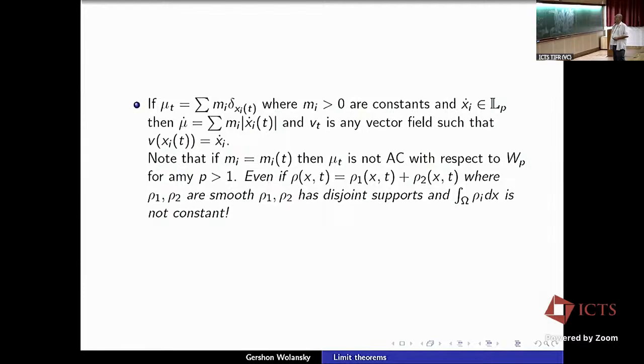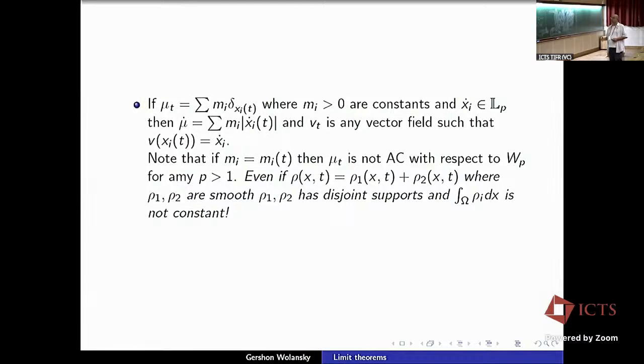But even if the mu_i are infinitely smooth, or even if we decompose rho into two parts, rho 1 and rho 2, which have disjoint supports, and the integral of each rho_i over its support is not constant in time, then this smooth density does not have a metric derivative, for any p bigger than 1.